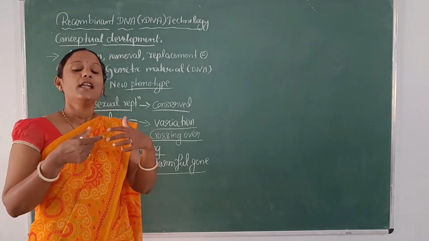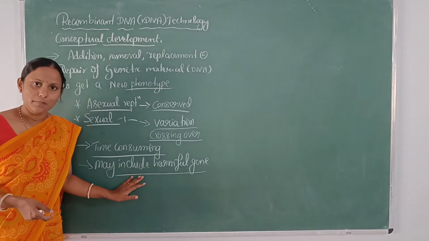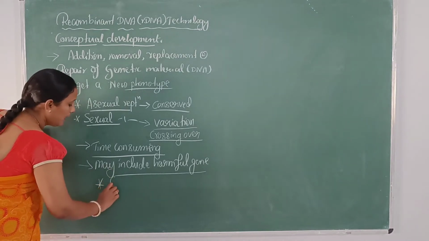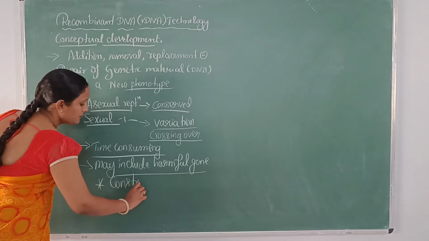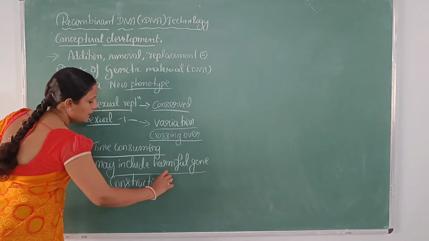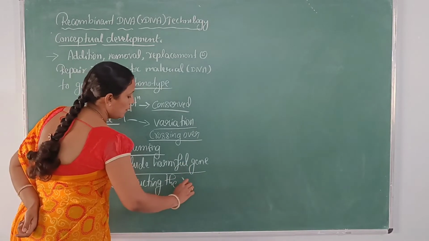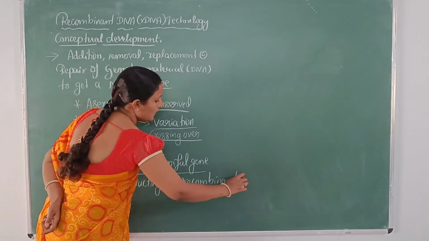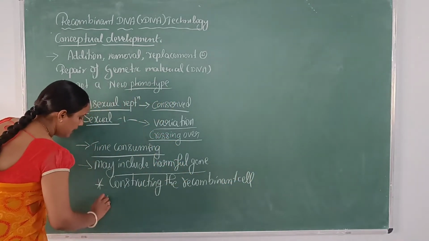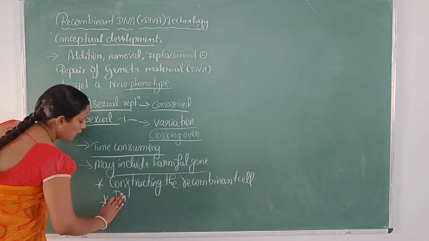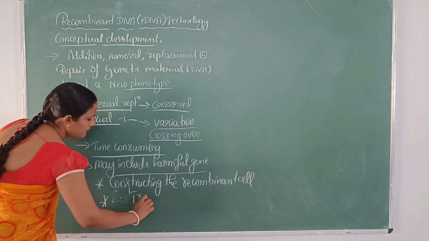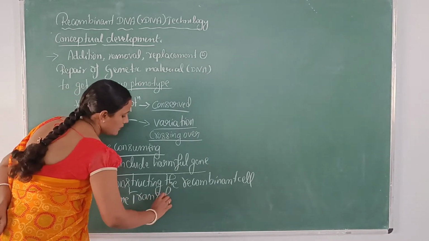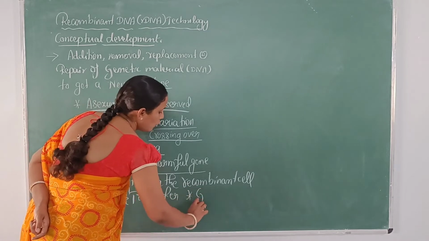In vitro condition, it is possible to overcome this problem by conducting 3 steps: by constructing the recombinant cell, then introducing or transferring the gene, or we can say gene transfer, and gene cloning.